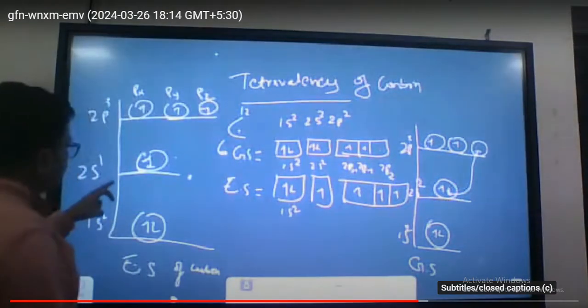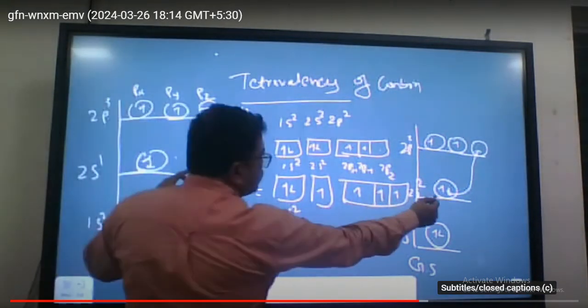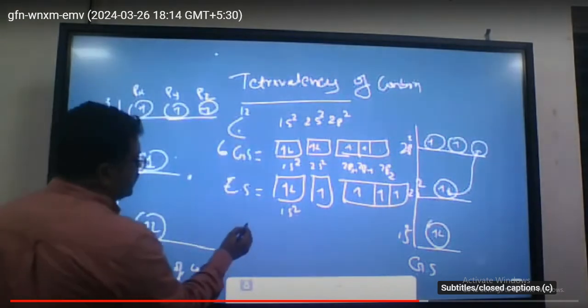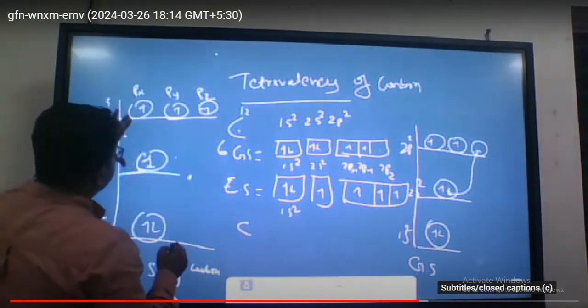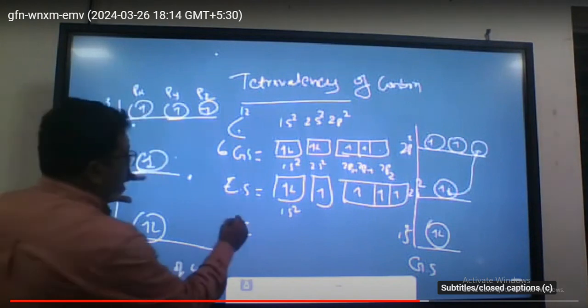So for hybrid orbitals in carbon, this is 2s2 and then this is carbon. Here s and p orbitals are mixed: 1, 2, 3, 4.